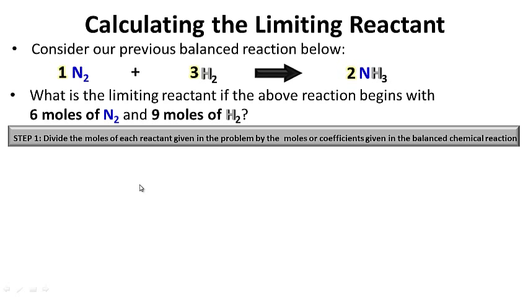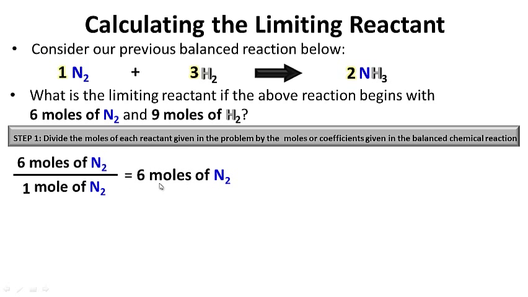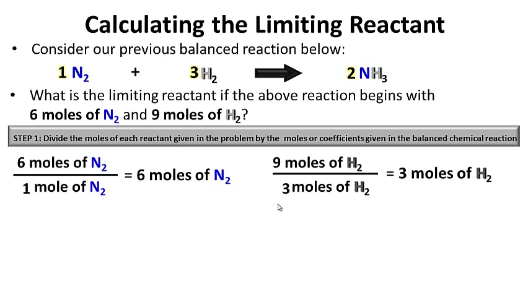So let's do that. We're starting off with 6 moles of N2 divided by 1 mole of N2, which gives us 6 moles of N2. Now for H2, we have 9 moles of H2 divided by 3 moles of H2, which gives us 3 moles of H2.